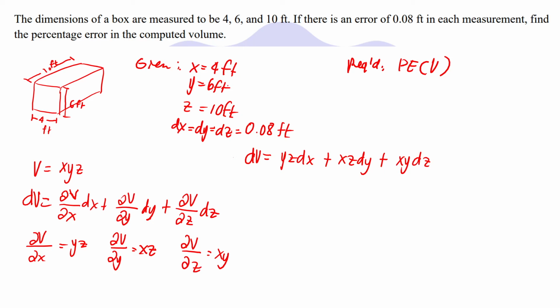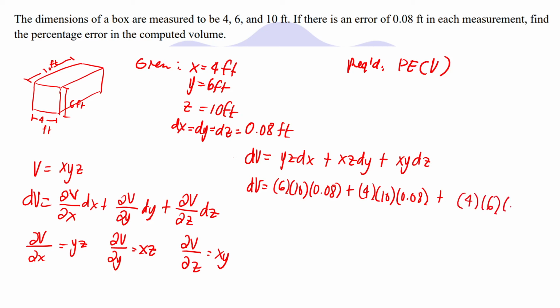So you have xyz, and then you also have your dx, dy, dz. You simply substitute everything. So this will be 6 times 10 times 0.08 plus 4 times 10 times 0.08 plus 4 times 6 times 0.08.